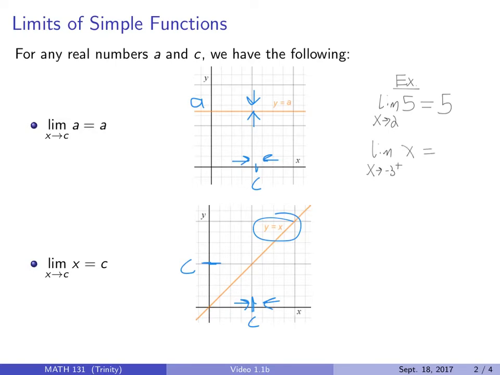Even though this is a one-sided limit, remember we had a theorem that said if the two-sided limit exists, then each of the one-sided limits also equals the same thing. So since the limit as x approaches -3 of x is -3, so is the one-sided limit.